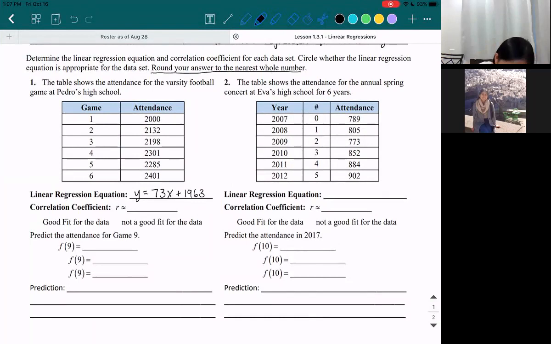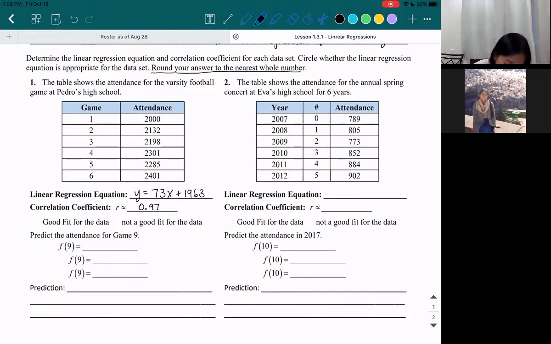The r value, I'm not going to go back because it looks like it lags when I do that, but our r value was 0.97. I'm going to round it to the nearest hundredth. So we have an r value that is really, really close to 1.